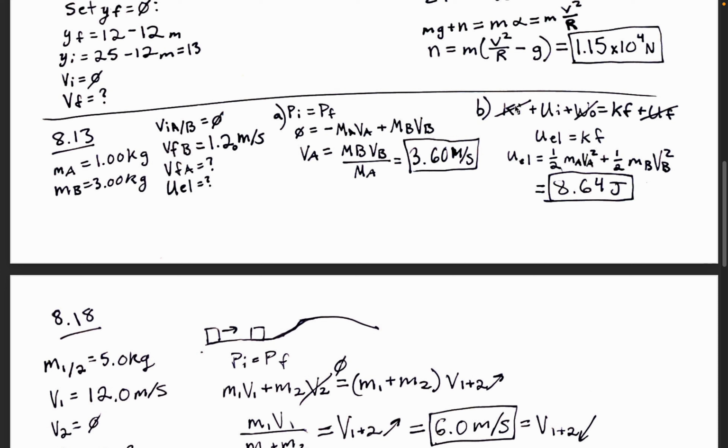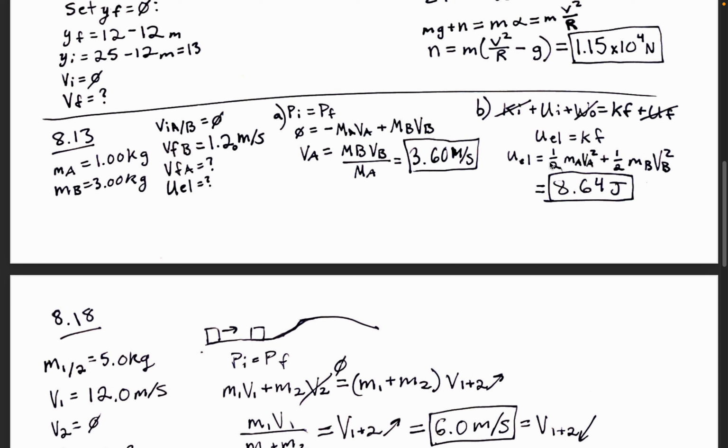So no initial kinetic energy, no frictional or other work. The second one, there's no potential energy, so we have potential initial equals kinetic final.